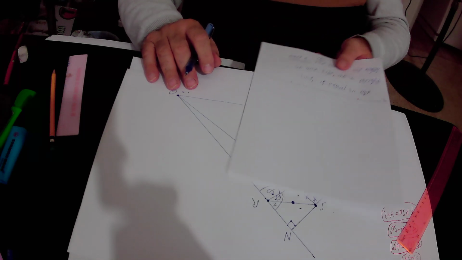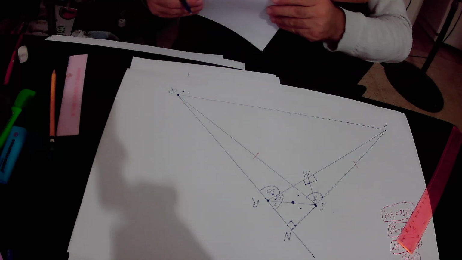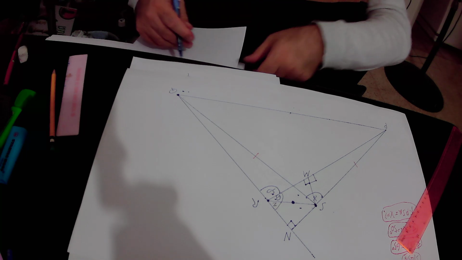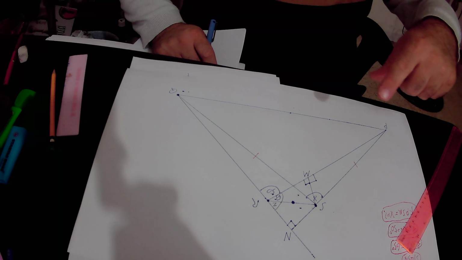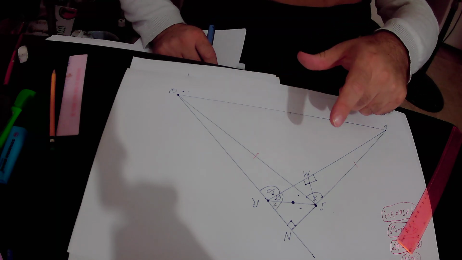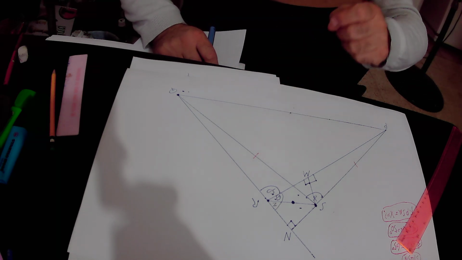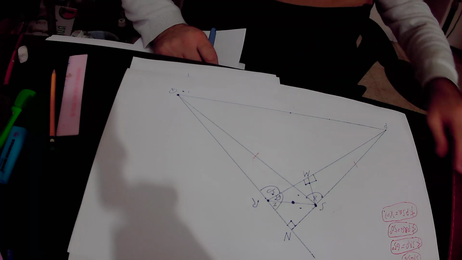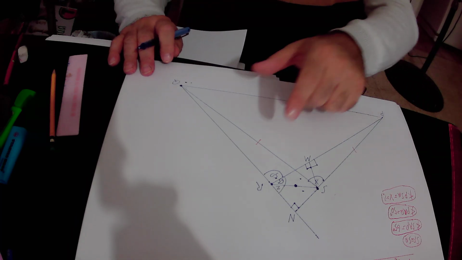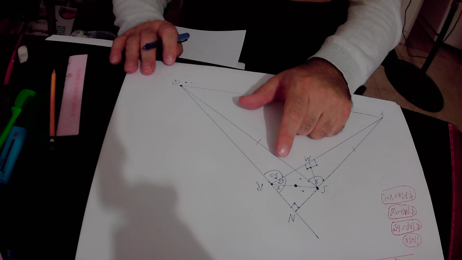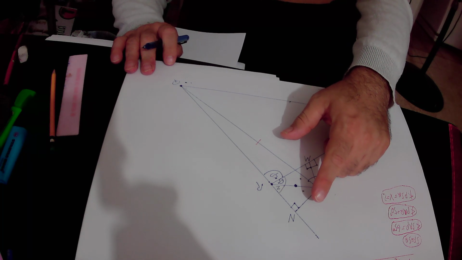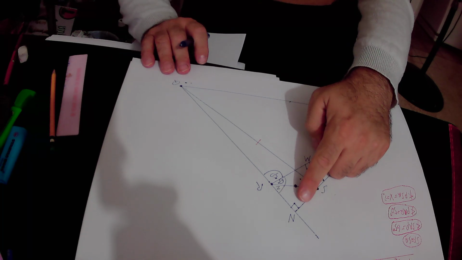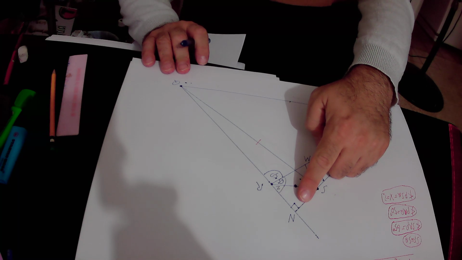So actually side QR, as the side of a quadrilateral, is a straight line. Then we extended side QR in the construction by a straight line. Therefore, QN is also a straight line.